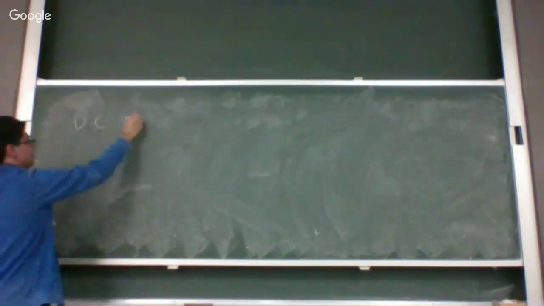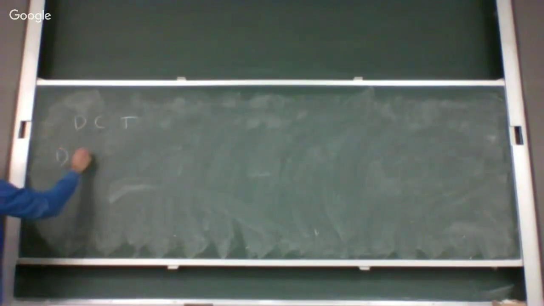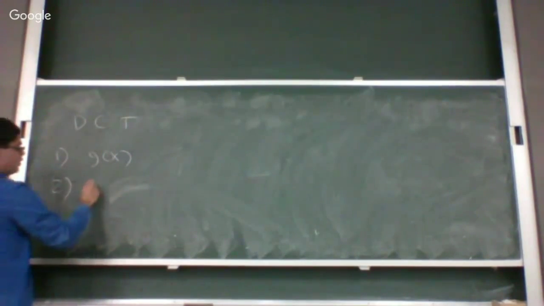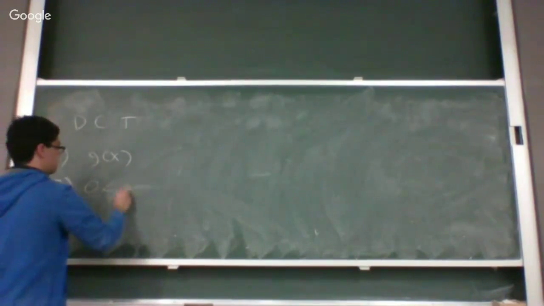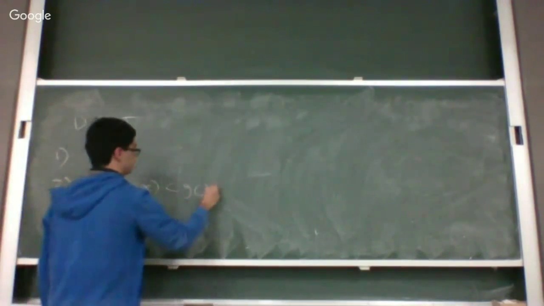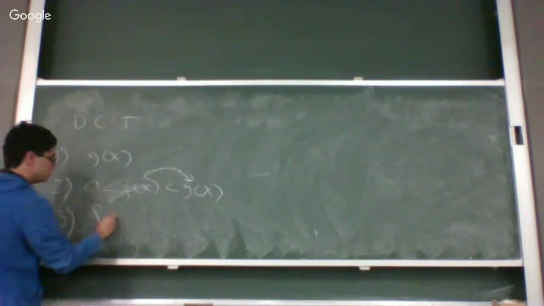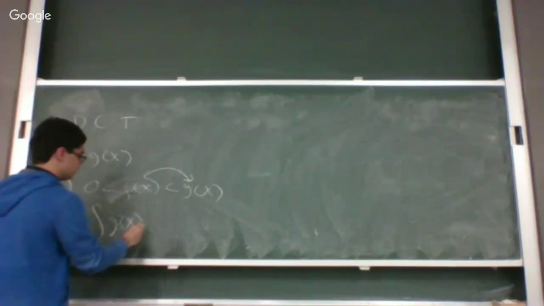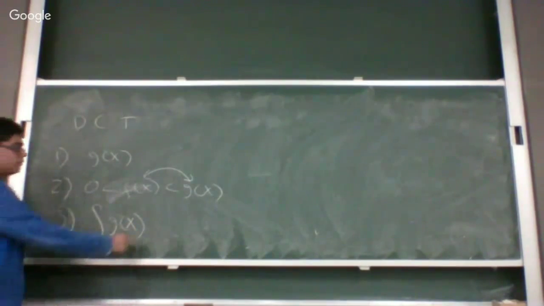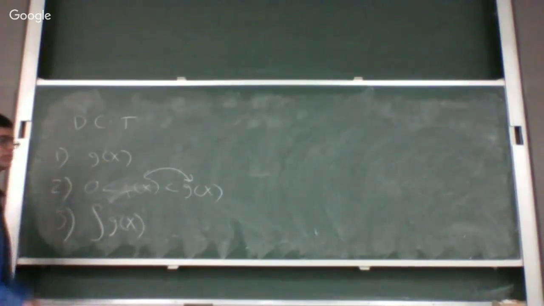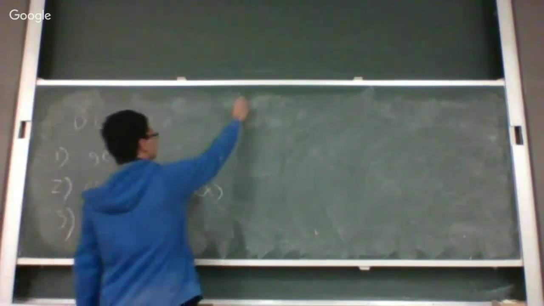For the direct comparison test, the first step is finding g of x. The second step is comparing, so 0 is less than f of x, which is less than g of x, or a version of that. The third step is doing the integral of g of x. Okay? So if g of x is bigger and we know it converges, then we know f of x converges. Or if f of x is bigger, or versions of that, which you guys should be good with now.